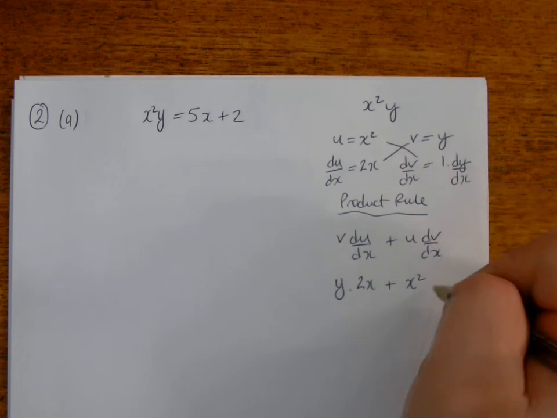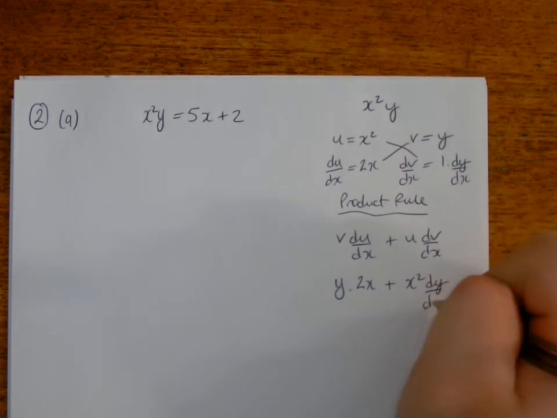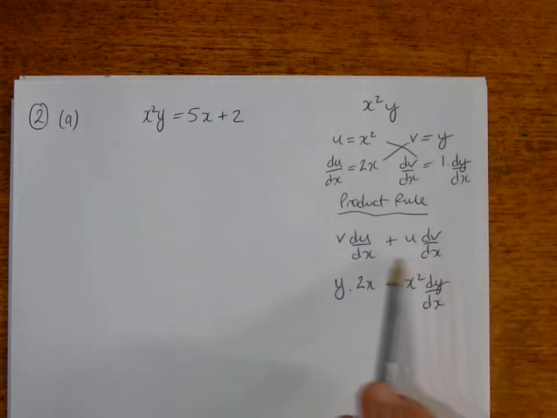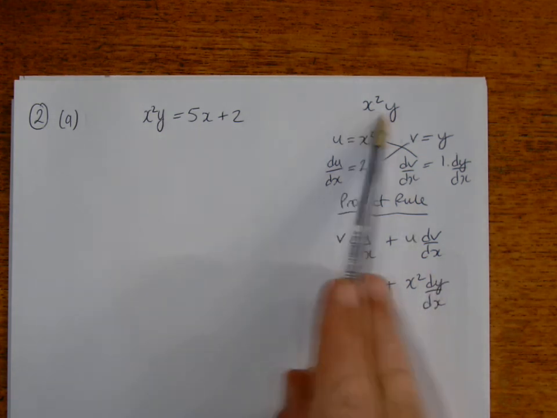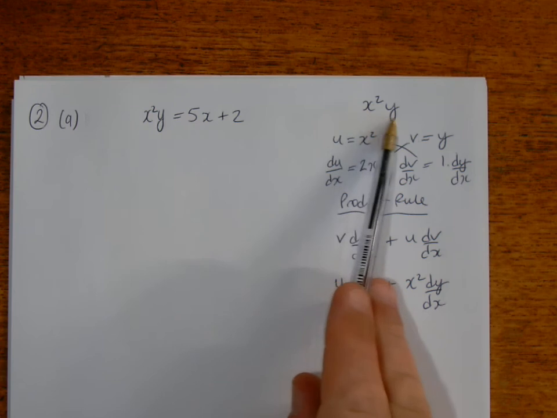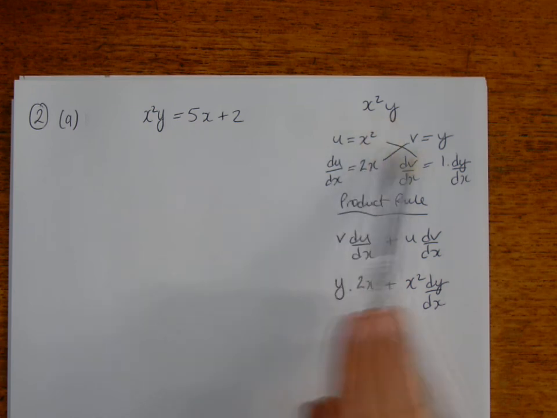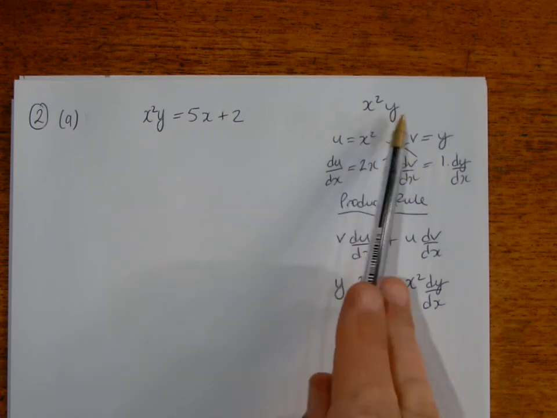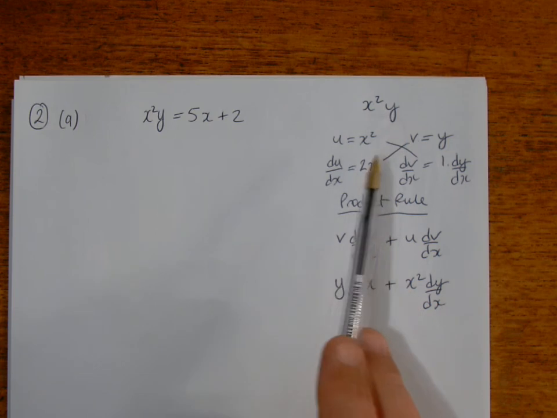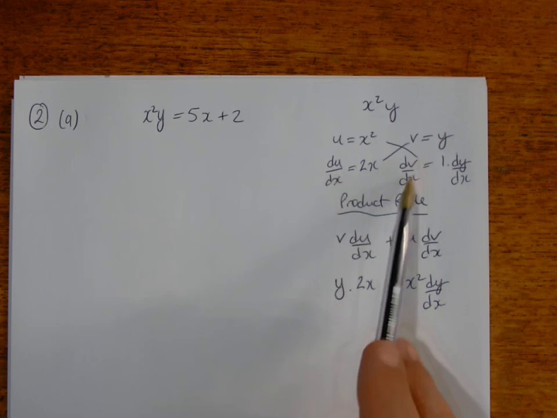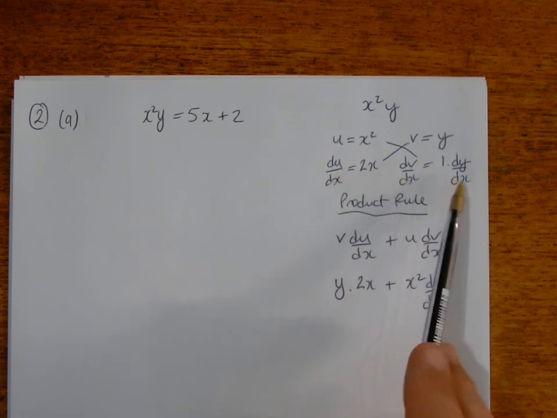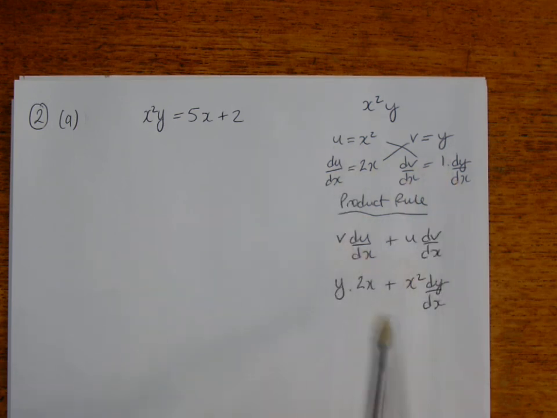So 1 times dy dx is just dy dx. So that is the product rule utilized for the product function we've got here of x squared and y. So you should just simply set it up like this. So u is x squared, v is y, and then you've got to do du dx, you've got to do dv dx, and then you apply the product rule.